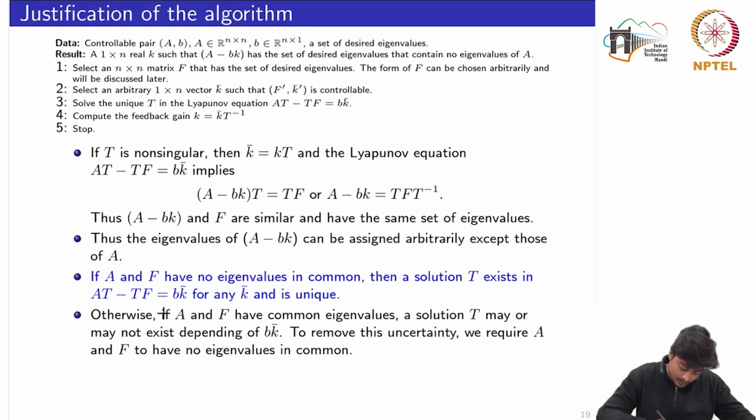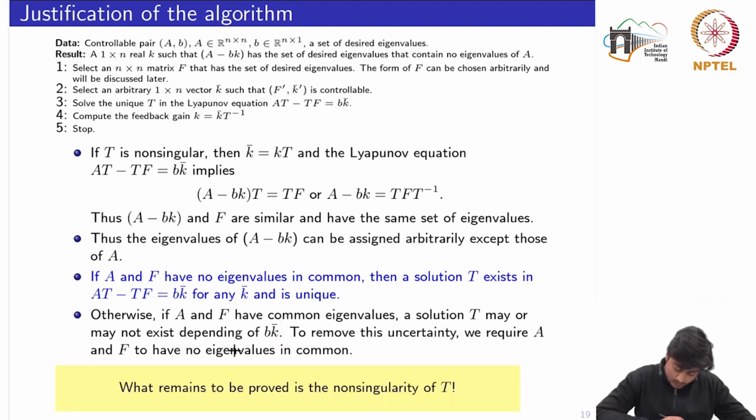This particular point in the first statement, we have seen, if you recall, in the result on the Lyapunov stability for linear time invariant systems. So this was one of the points which we have highlighted. What remains to be proved is the non-singularity of T. At the same time, if T happens to be non-singular, it would be unique.